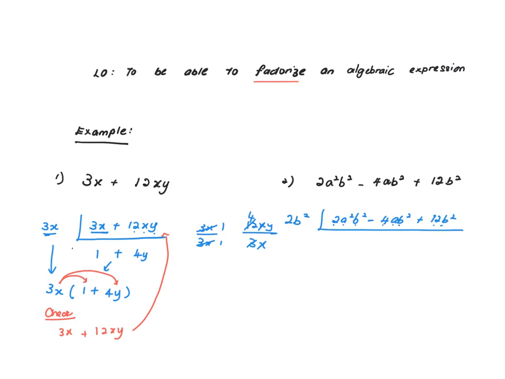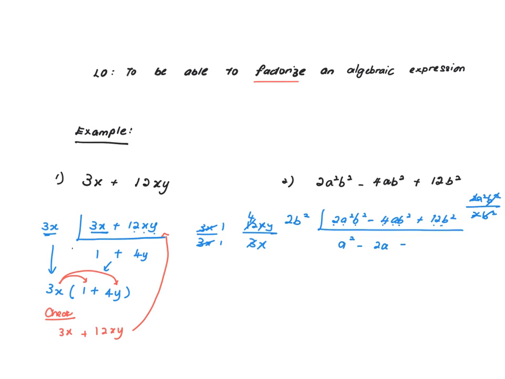So let's divide each of the terms by 2b squared. So 2a squared b squared divided by 2b squared, then we would have a squared as a remainder. Minus 4ab squared divided by 2b squared is 2a.